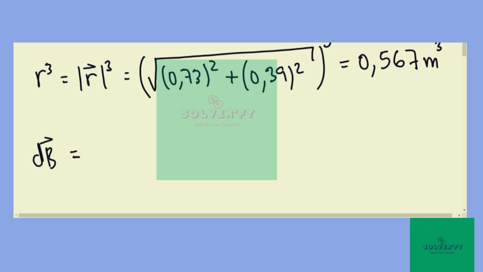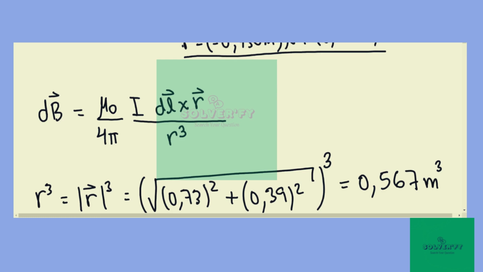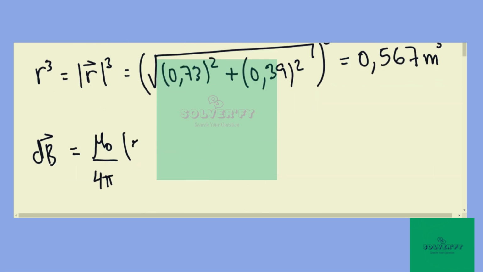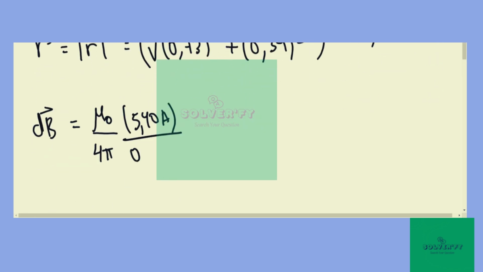So with this, we can just plug all of the information into the differential of the magnetic field, vector of the magnetic field. So we will have mu sub 0 over 4 times pi. We'll have the value for the current, and this over the distance cube.